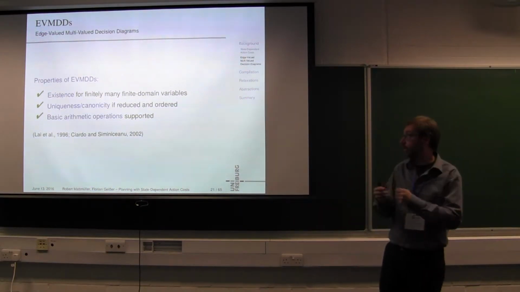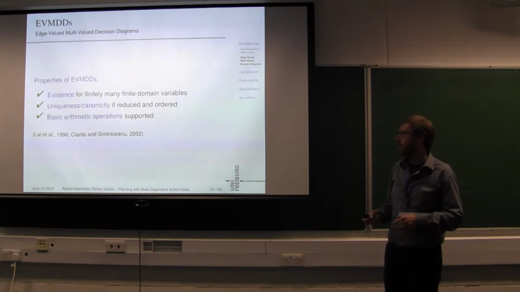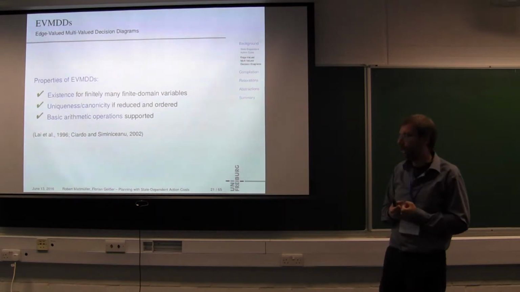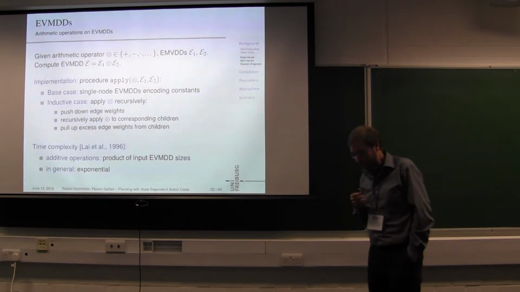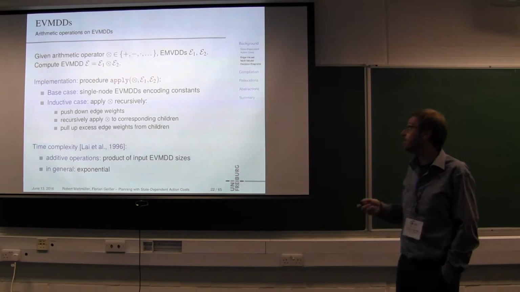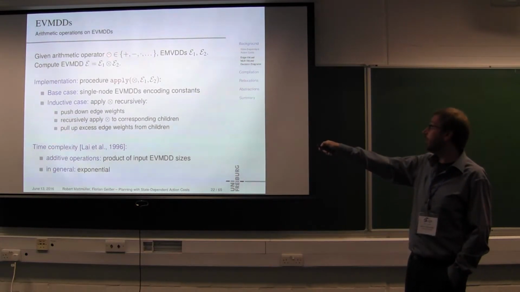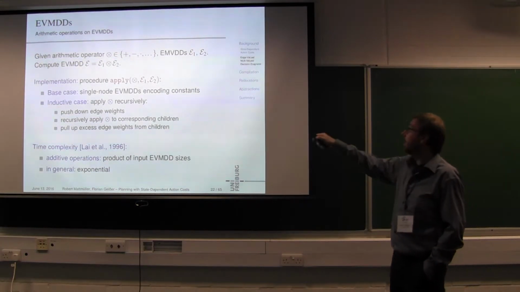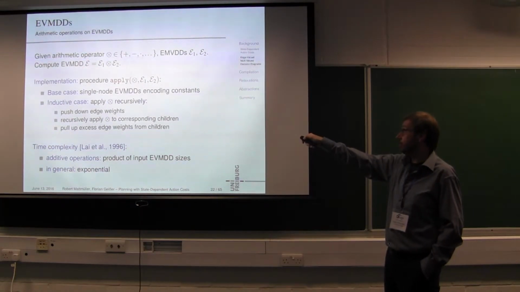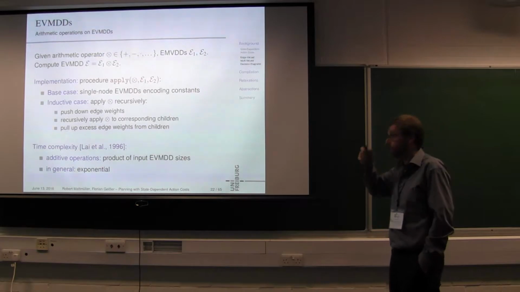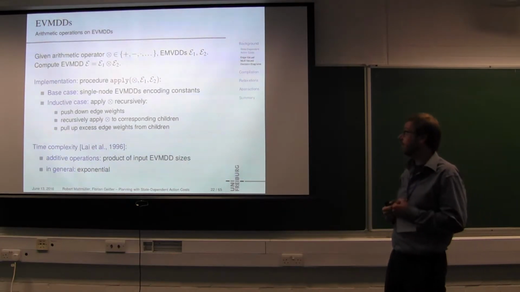We can start with small EVMDDs and then get a possibly larger EVMDD for our overall action cost function. Given an arithmetic operator, plus, minus, and so on, and 2 edge-valued MDDs, we can compute an edge-valued MDD that represents the sum or difference and so on of these 2 sub-EVMDDs.